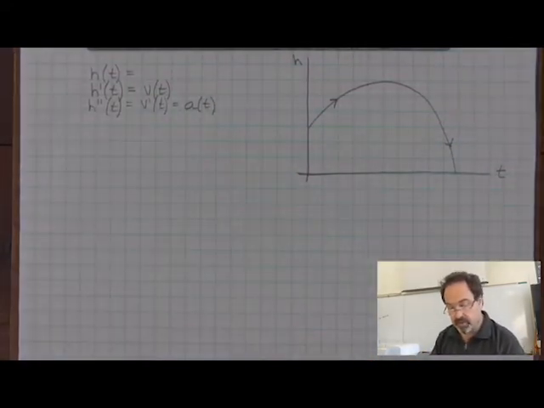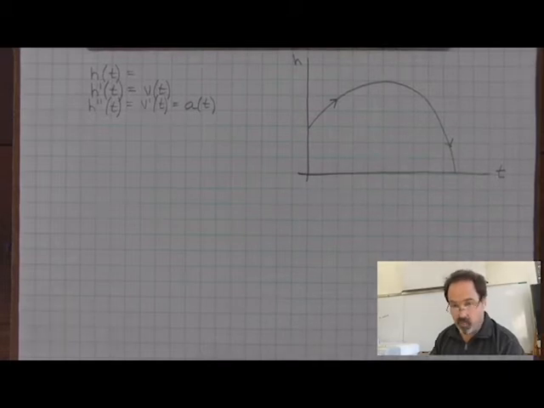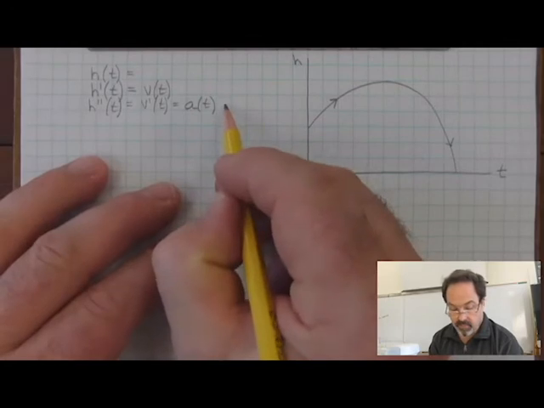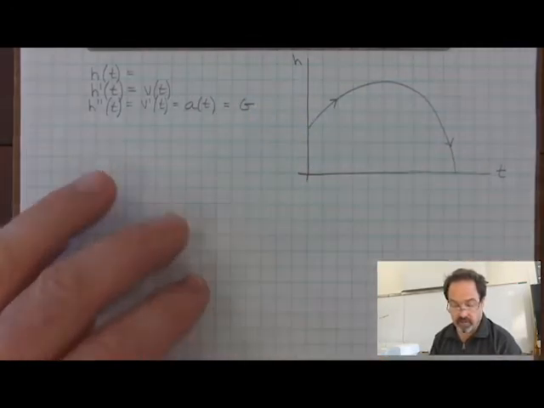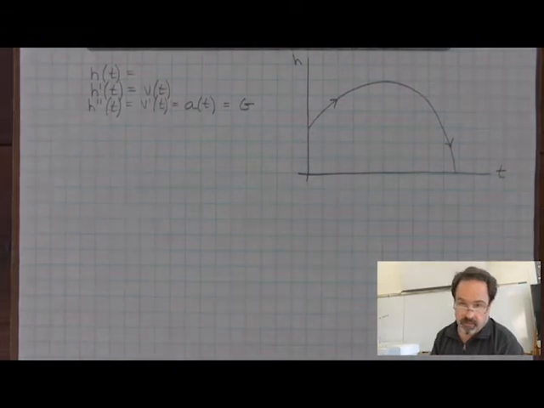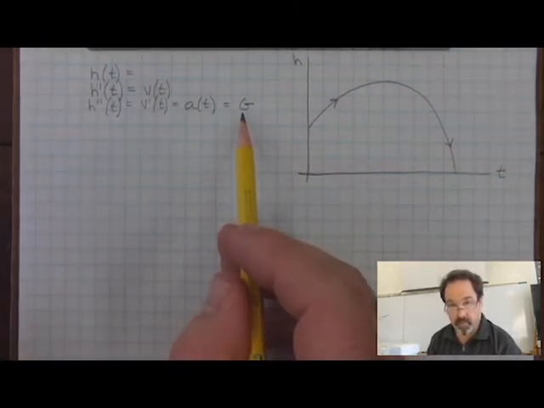An acceleration in these problems can be anything, but if the problem has to do with an object in the Earth's atmosphere, then it's gravity that's acting as the acceleration. And typically we give the acceleration the constant g. G is acceleration due to gravity, and it's constant, but it can be measured differently.